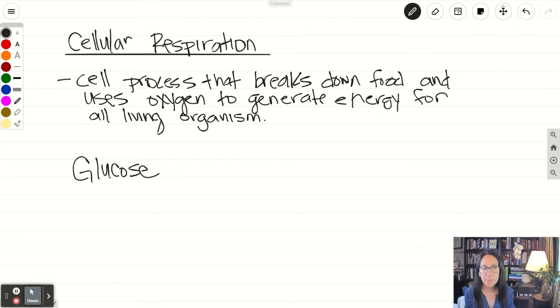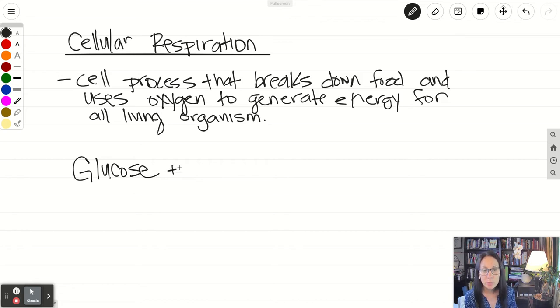Glucose is a carbohydrate, and we usually use it to demonstrate how cellular respiration works. But you could also eat fats, which we use for fuel also, and you could also eat protein. So you can have three food types: carbohydrate, lipid, or protein. All three undergo cellular respiration to make energy, but we're just going to focus on glucose, which is a carbohydrate.